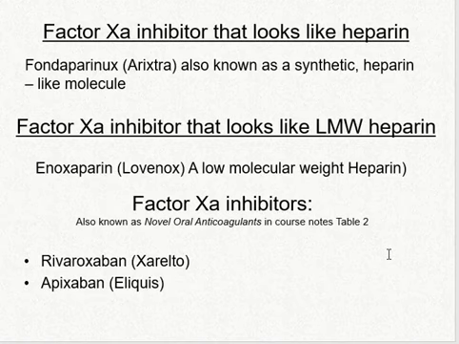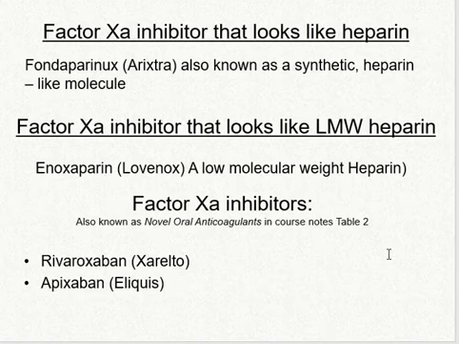Another group of drugs include the factor 10A inhibitors that look like low molecular weight heparins, and the prototype here is enoxaparin, or the brand name Lovenox, you've probably heard. This is one of those low molecular weight heparins, which also has the ability to, remember, inhibit factor 10A, but also inhibit thrombin.